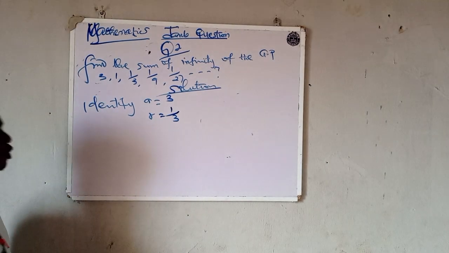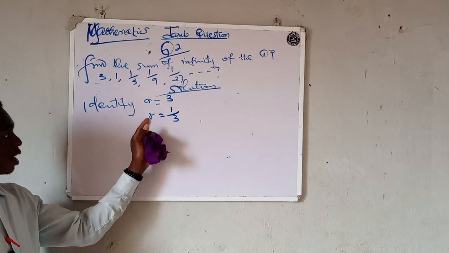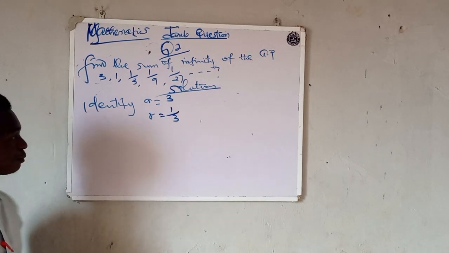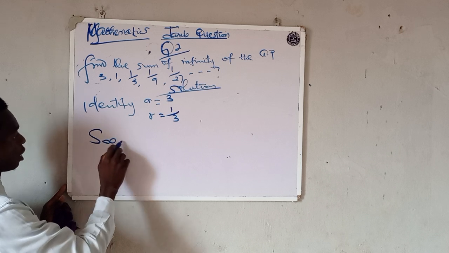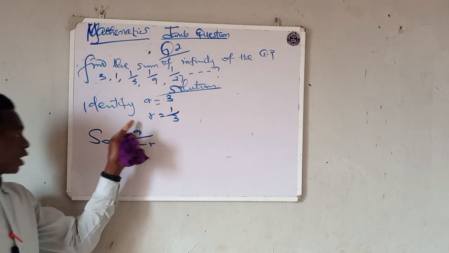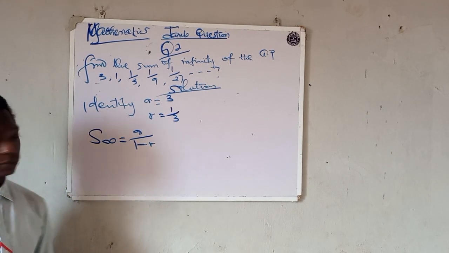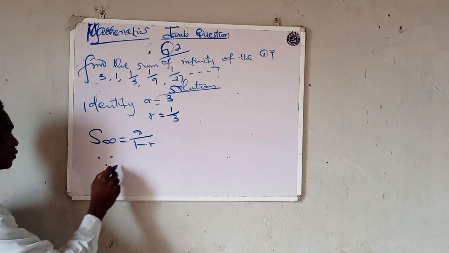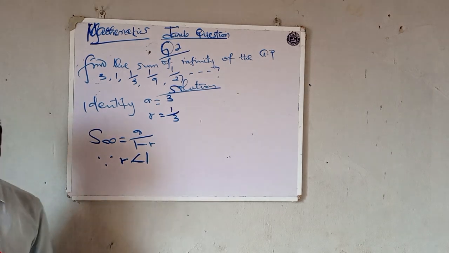Now to find the sum to infinity of the GP, since R is less than 1, our sum to infinity is A over 1 minus R, because our R is less than 1.